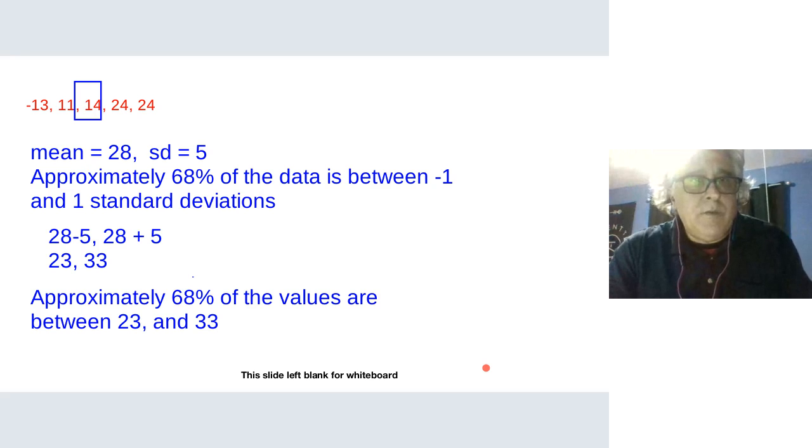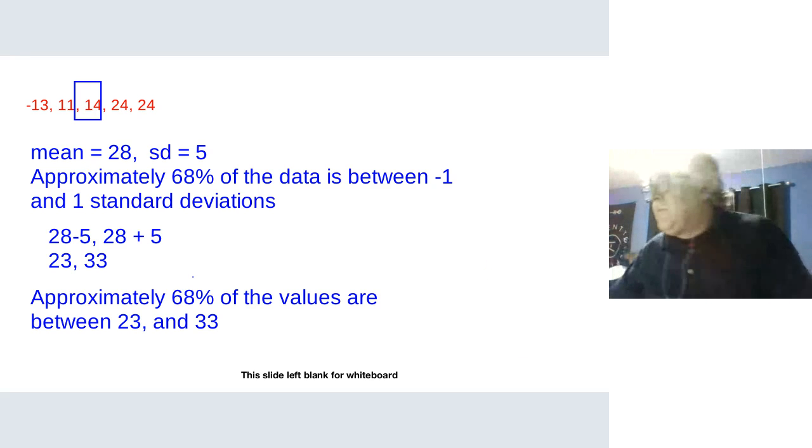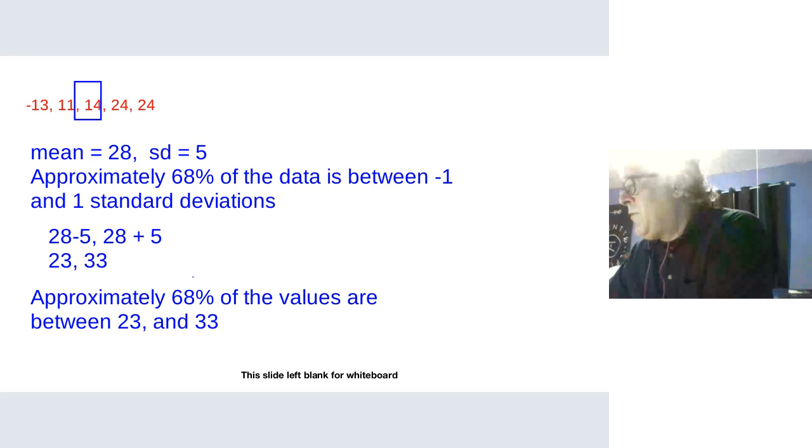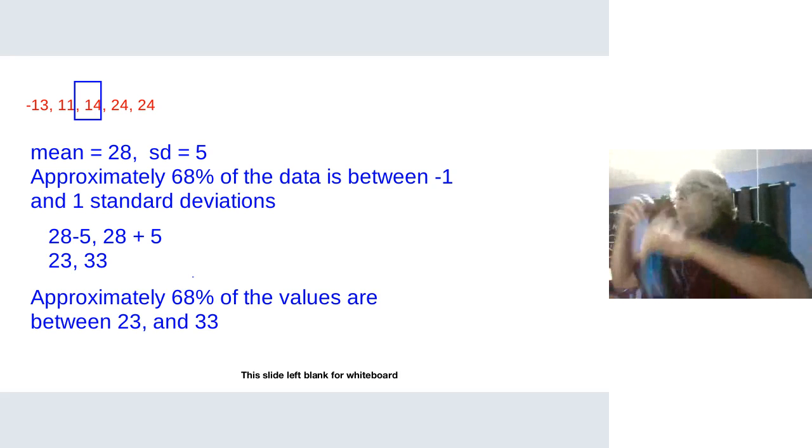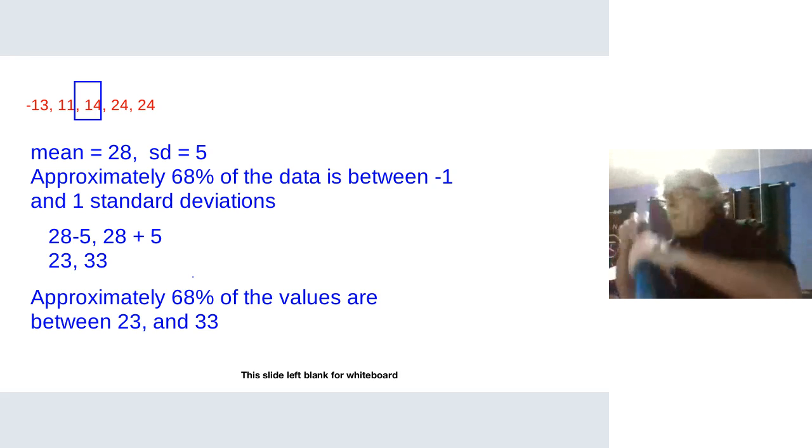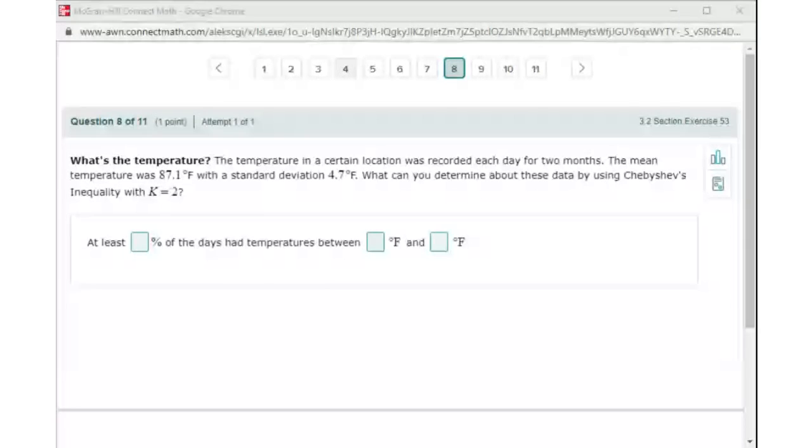Okay, so let's go back. Oops, I thought I was sharing this page. All right, and just incidentally, if it's too small, click on that little thing all the way to the right of the share screen, with the 4 arrows going out.